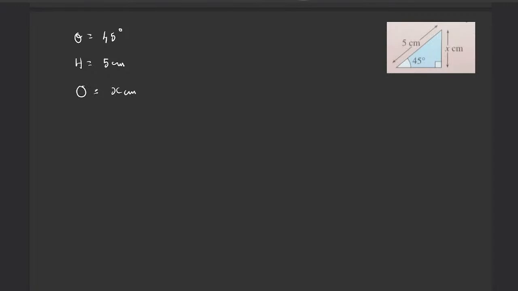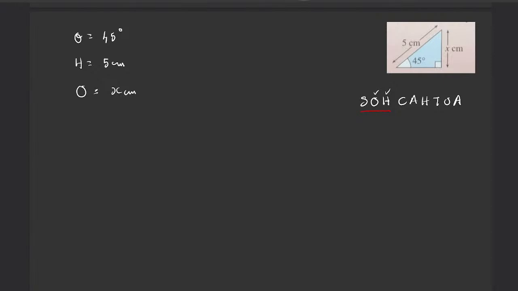Well, which trig function should I use? So I can put down my acronym SOHCAHTOA. All right. So in order for me to use sine, I must have my opposite and my hypotenuse, and there we go, we have both of them already. Let's not waste time ruling out cos and tan. We already know we can use sine.